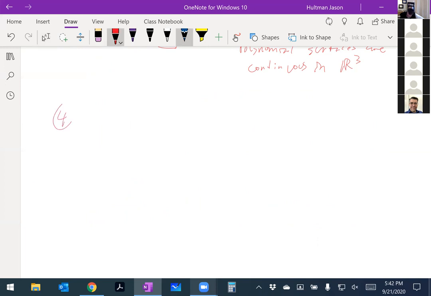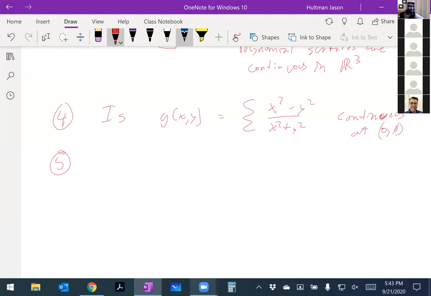Okay, so let's do 4 and 5 real quick. We've already done all the heavy lifting for this. Is g(x, y) equal to x squared minus y squared over x squared plus y squared continuous at (0, 0)? Well, does the limit exist? We need to know if the limit exists, and then we need to know if the function is the same as the limit.